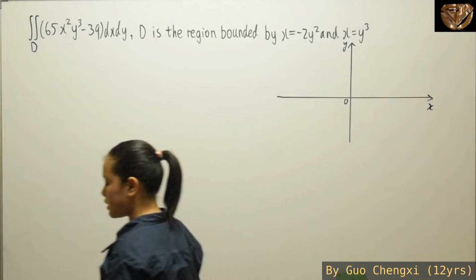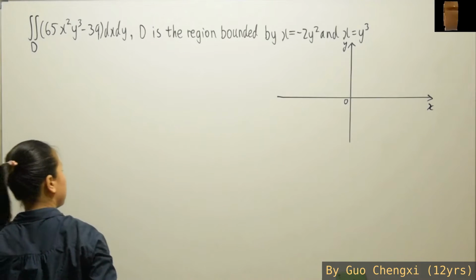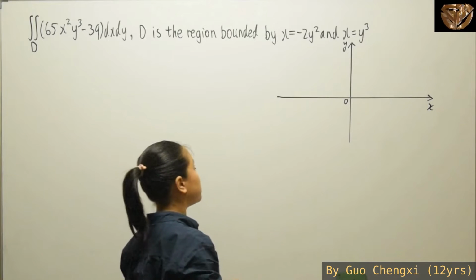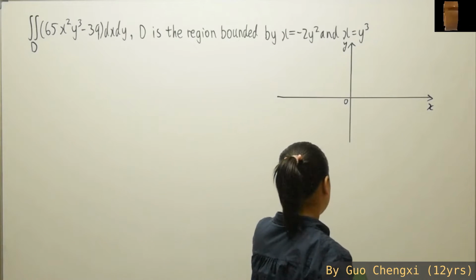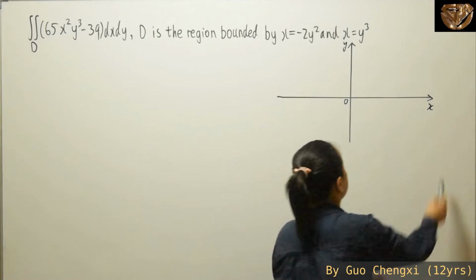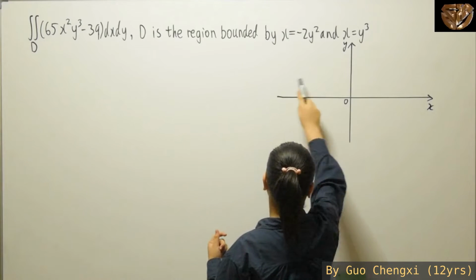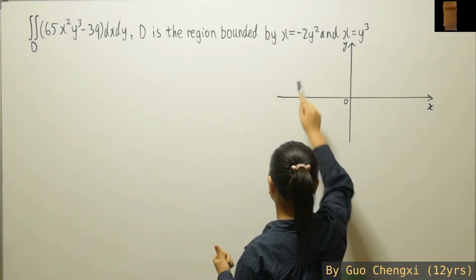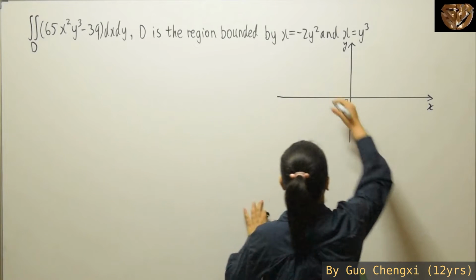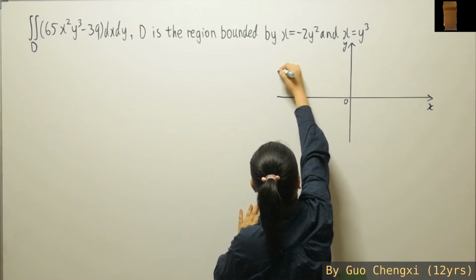Let's start off with our first function, x equals negative 2y squared. The negative puts the parabola on the other side, and the times 2 makes it a bit wider.